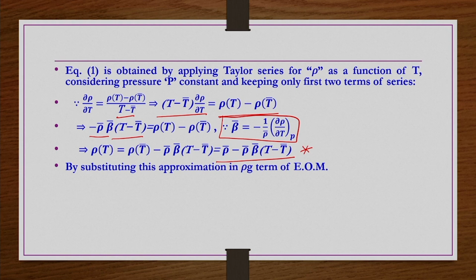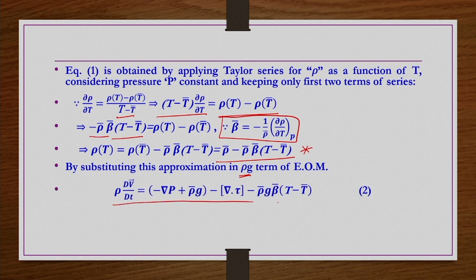By substituting this equation in the rho g term of the equation of motion, what do we get? This is the generalized equation of motion that we have seen in vectorial form. We have written rho D V by Dt equals minus del p minus del tau plus rho g.